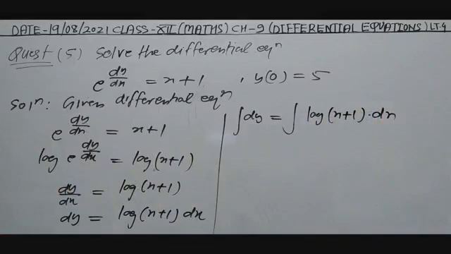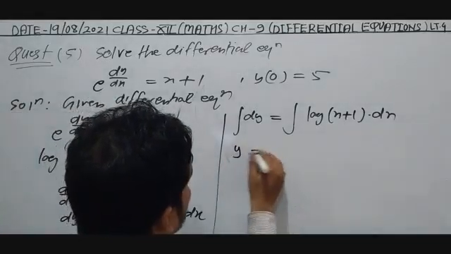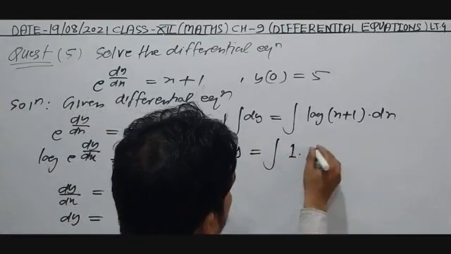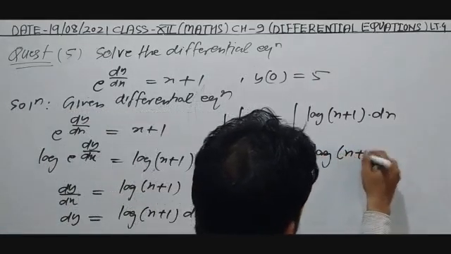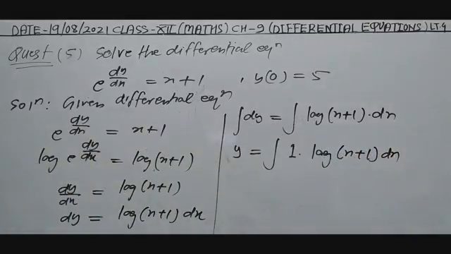Now we have to integrate a log function, so we have to convert it in terms of a product of two functions. So y will be equal to integration of 1 times log of x plus 1 dx. Now apply integration by parts. So log of x plus 1 will be the first function and 1 will be the second function.